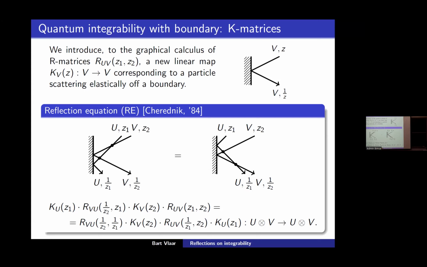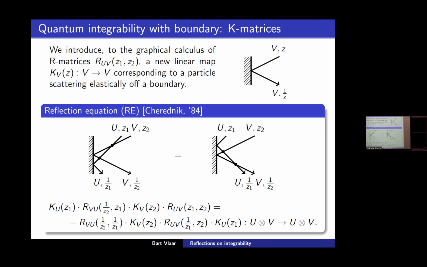So are you actually thinking I should think of rays before hitting the wall as the input of the system, and then after hitting the wall as the output? Yes. So you have a particle hitting a wall. But then why do I have 1 over Z2 interacting with Z1? Because that's before hitting the wall, they are both just Z1, Z2. Yes.